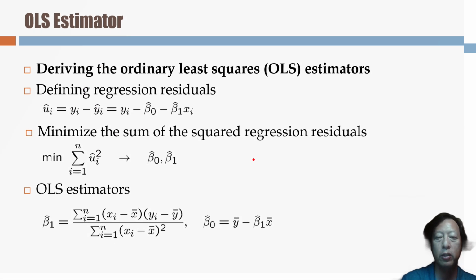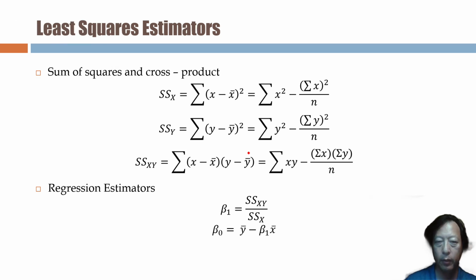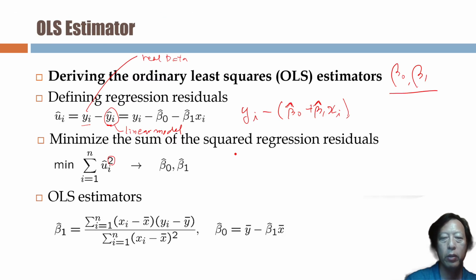So what you can expect is that if you calculate the summation of u hat, i equals 1 to n, this should be 0.